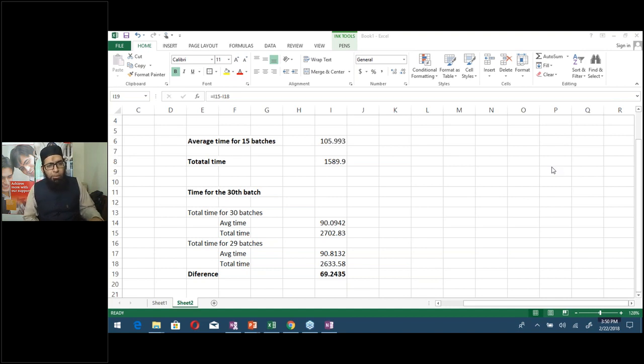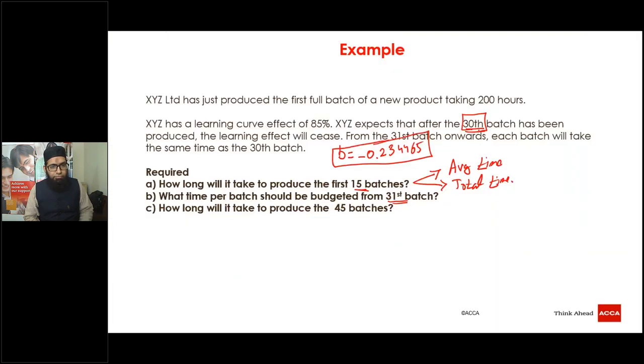So with this example, you have learned how to calculate the time for a specific unit. Now let's see the last requirement, in which it has asked how long it will take to produce 45 batches.